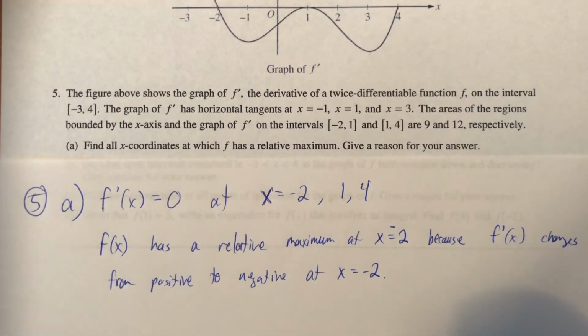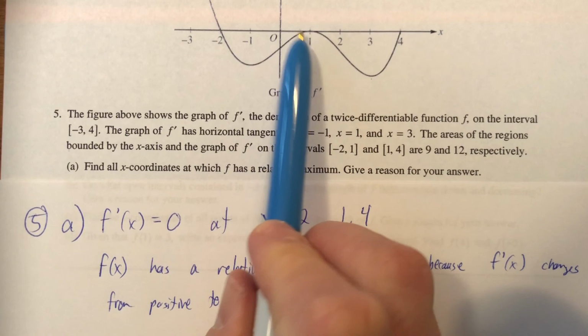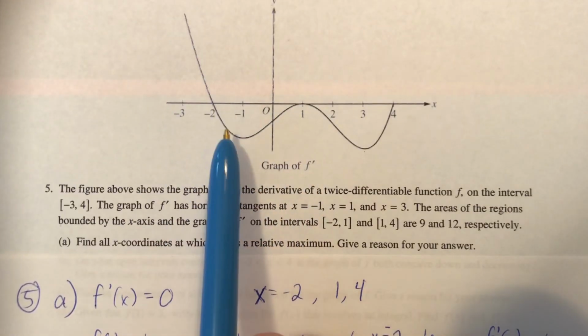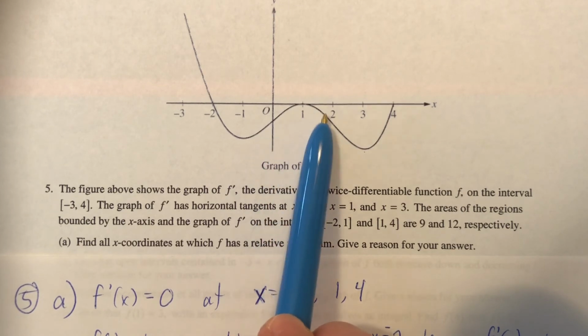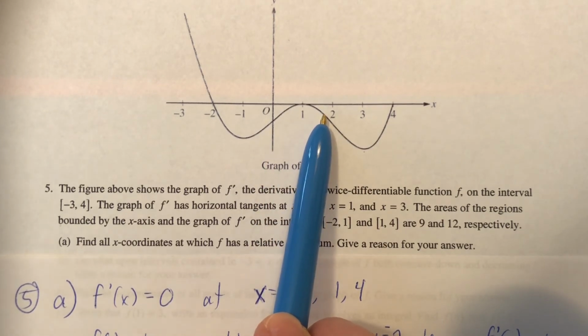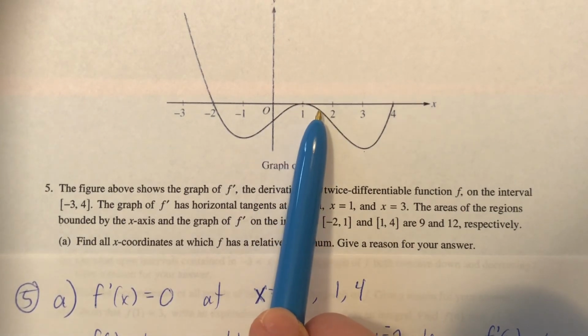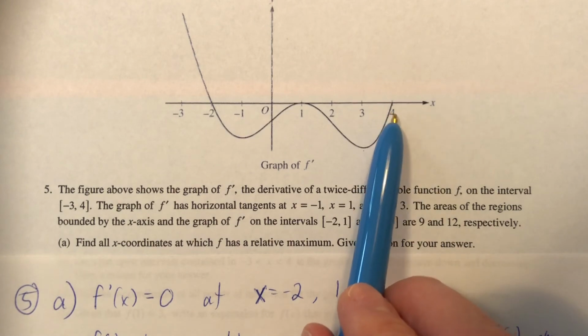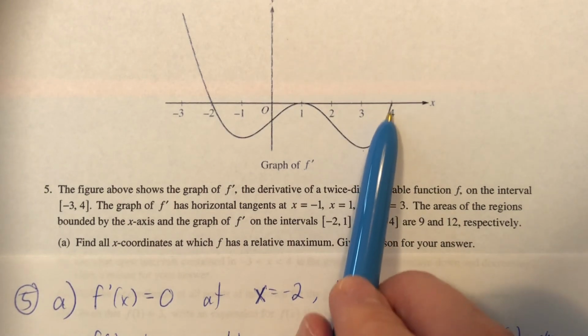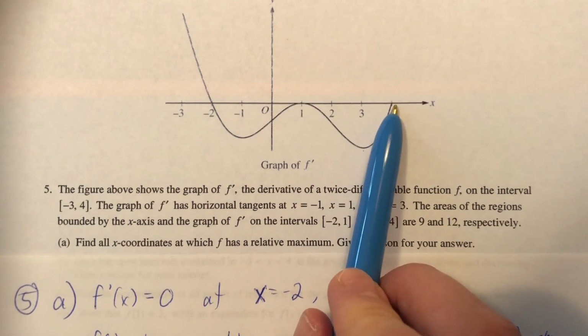Okay, let's keep thinking. What about this one? All right, so derivative is positive, negative, negative, negative. Well, if I go from negative to negative derivative, that means I'm going from decreasing to decreasing on my original function, so it's just continuing to go down. So I never reached a maximum. And then here, it was still negative. Now you might be like, oh, the graph's going up. Whatever.